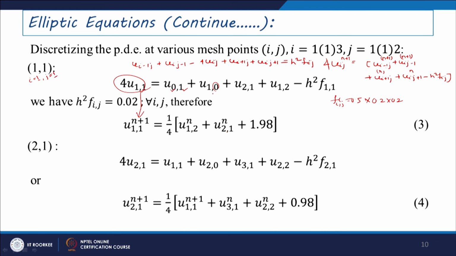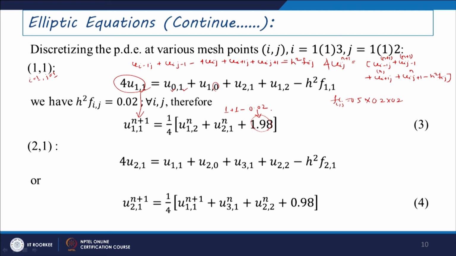And if you see 10 also, this is given the value 1 there. So 1 plus 1 is 2, and 2 minus 0.02 gives 1.98 here.